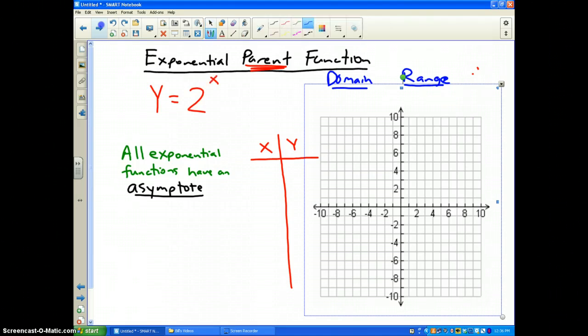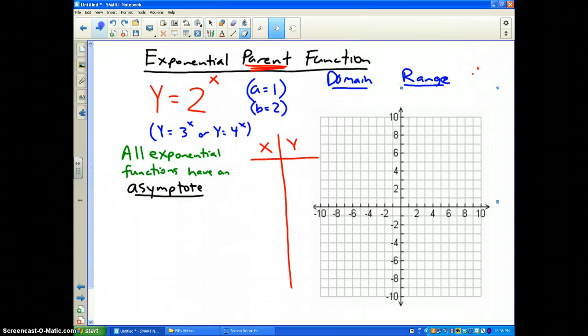In this case, the a value is equal to 1, the b value is equal to 2, and we have the x power. Now, you could also have parent functions that are 3 to the x, or y equals 4 to the x. Those can also be parent functions. But for the basis of this unit and this class, we're just going to use y equals 2 to the x power. Now, what we're going to do is we're going to make a graph of this.